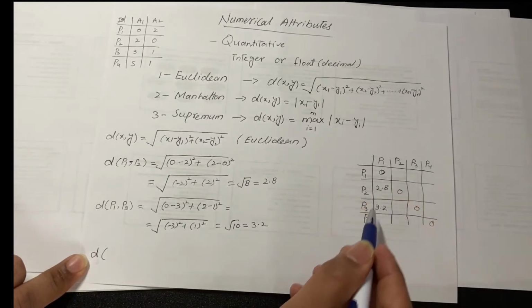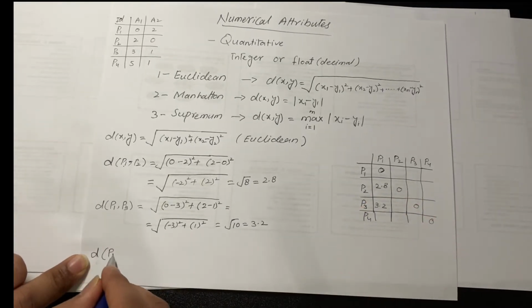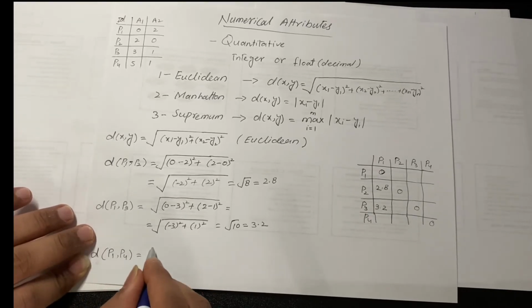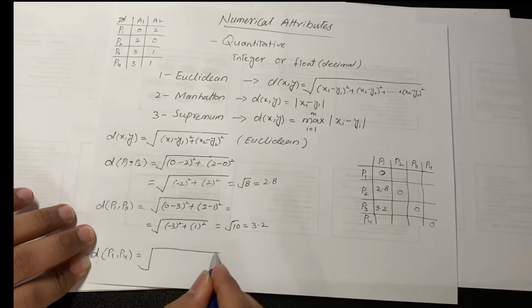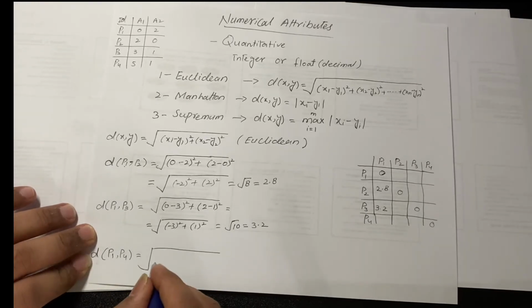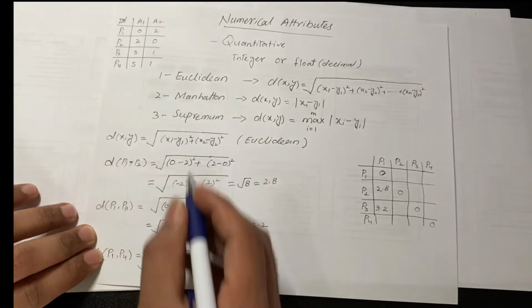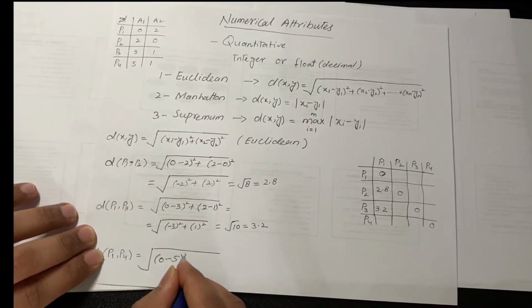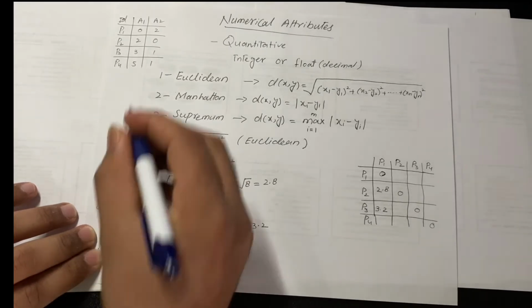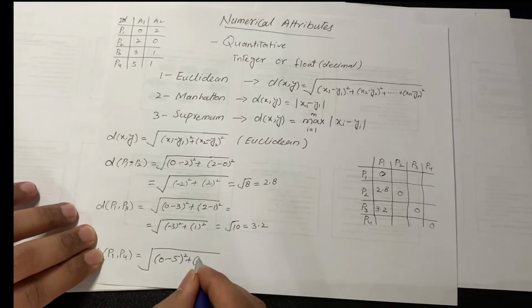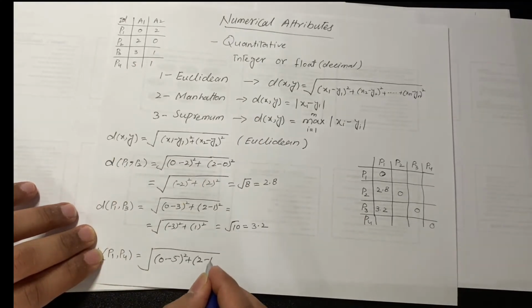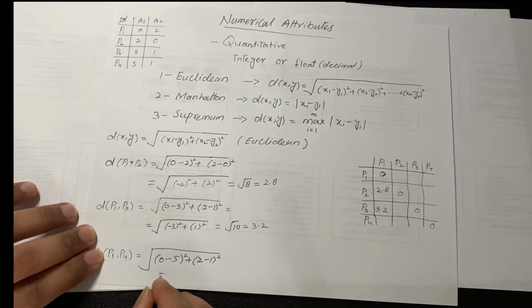For P1 and P4, P1 is 0 minus P4 is 5, square, plus P1 is 2 minus P4 is 1, square.